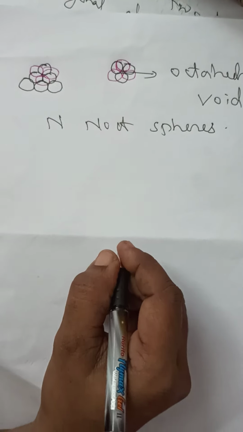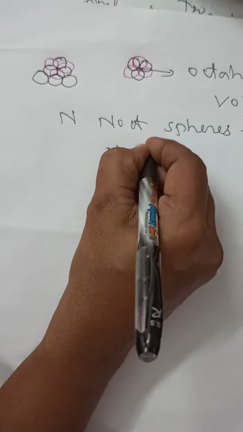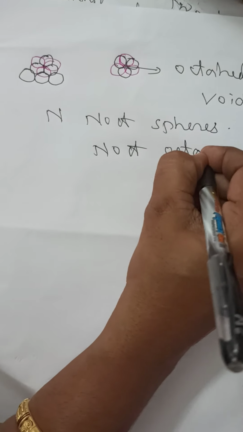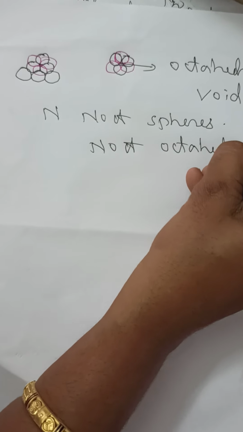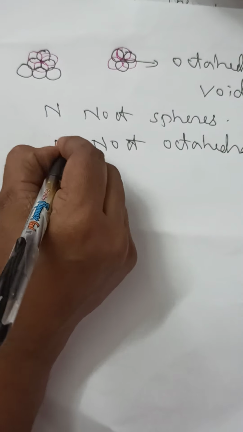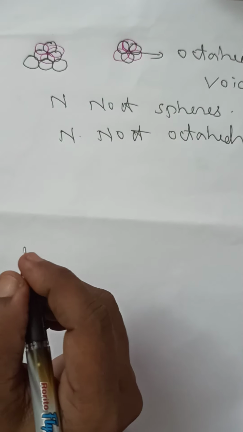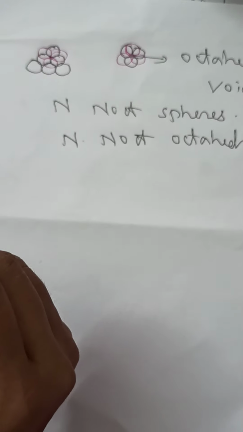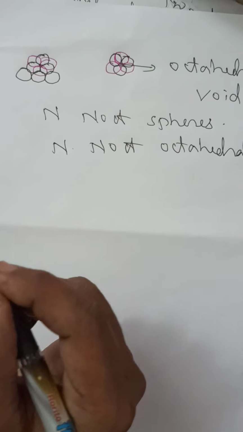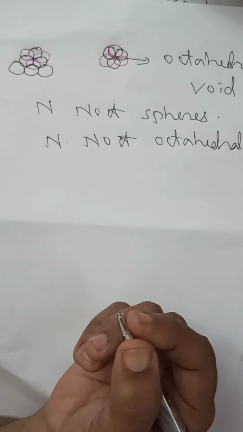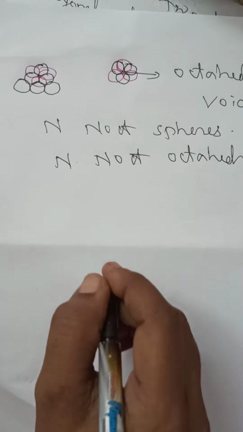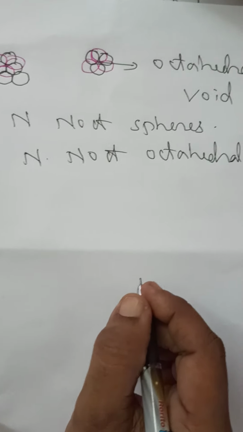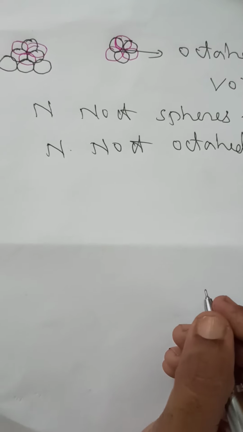Suppose n number of spheres are there, then the number of octahedral voids will be n only. Suppose in a crystal lattice a number of spheres are there, how many tetrahedral voids will be there? 2a. How many octahedral voids will be there? a number.